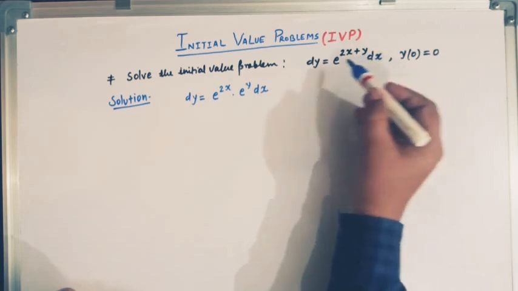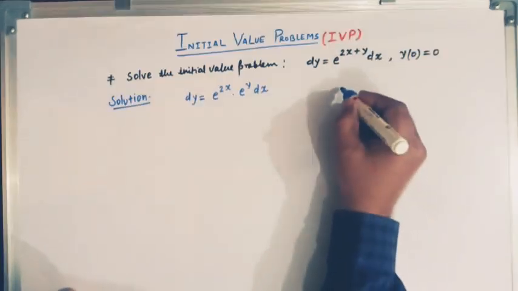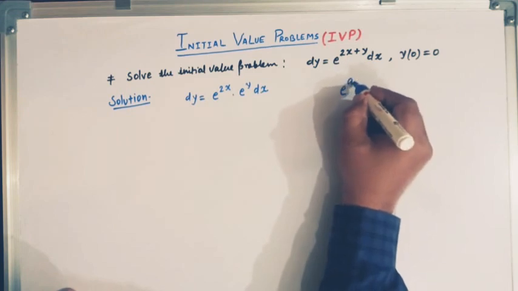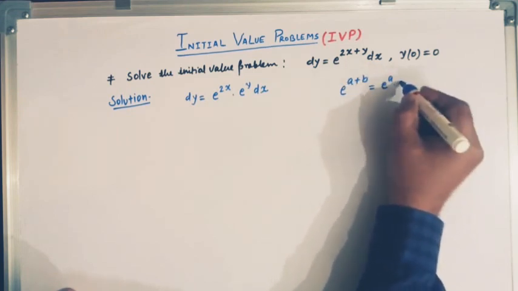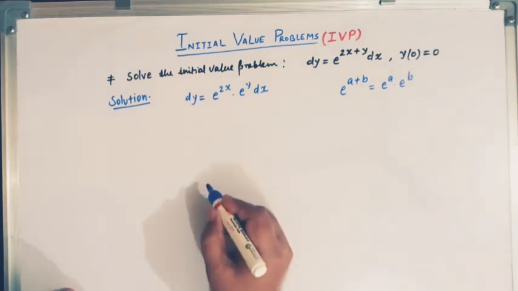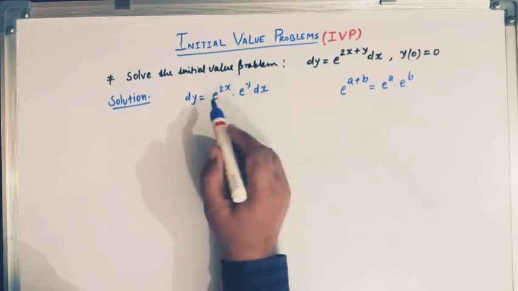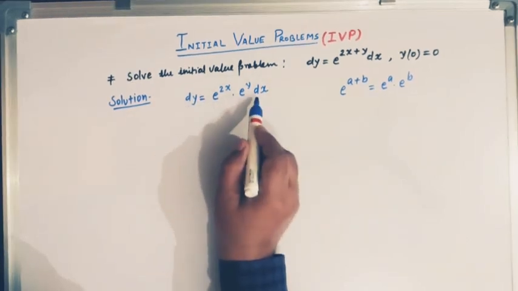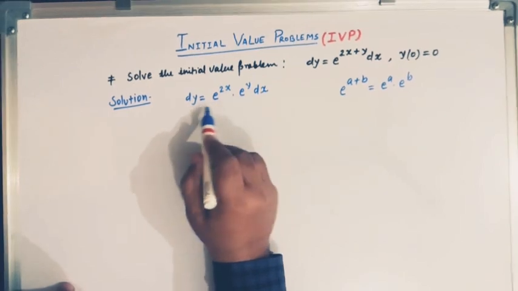So here we have used the property that e raised to a plus b is equal to e raised to a times e raised to b, right? Okay, now we see that this differential equation takes the variable separable form.